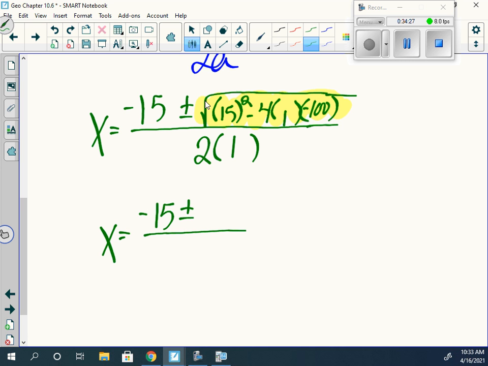If we type this all into the calculator, I believe it should be 25 once you type all that in.